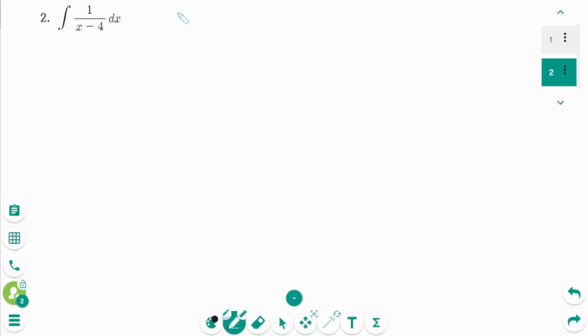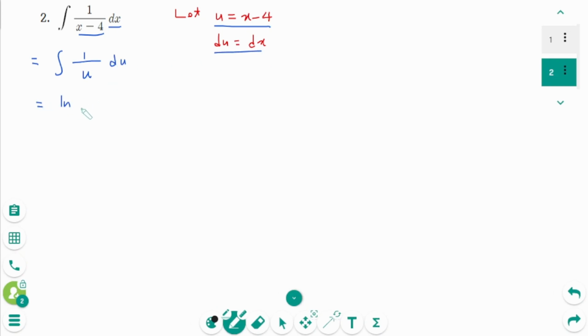Number 2, use u-substitution. Let u equal x minus 4, then du equals dx. Now change all x with u. The integral of 1 over x minus 4 is 1 over u, and dx is du.